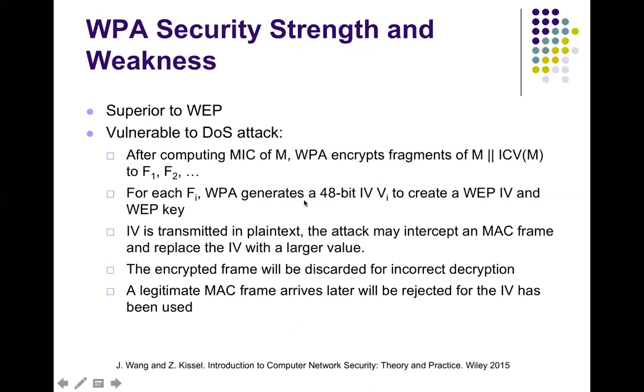In other words, when this initial vector becomes different, the receiving side can no longer decrypt the received frames correctly, resulting in dropping that frame. If all of these F1, F2, and so on are dropped at the receiving end, then of course it is equivalent to denial of service.